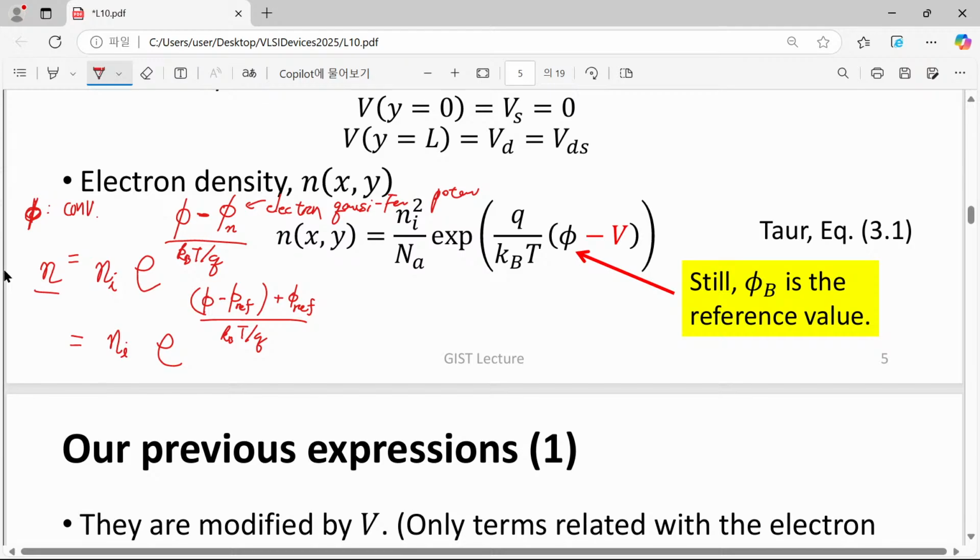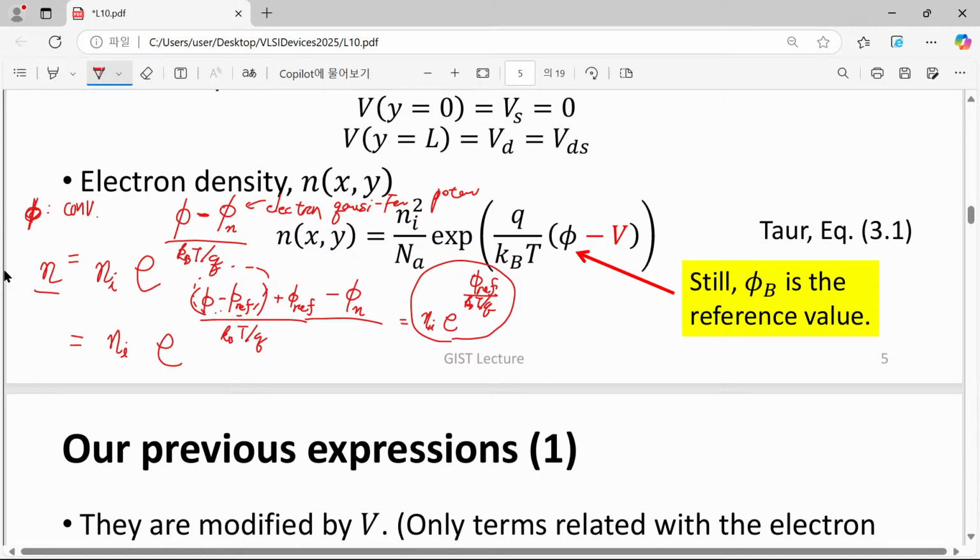Of course, this reference value was the potential at deep substrate, and here we have the electron quasi-Fermi potential. So now this one is once again called the electrostatic potential, and this other one is exponential of phi reference divided by thermal voltage.